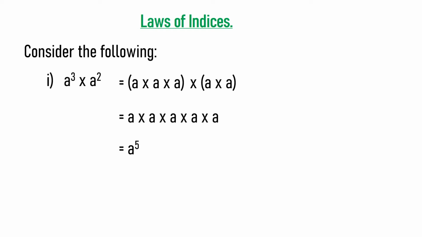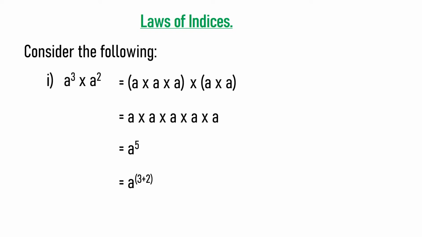Comparing the original expression, that is a power 3 times a power 2, with the expression that we have, a power 5, we clearly see that to get a power 5, we have simply added the powers.